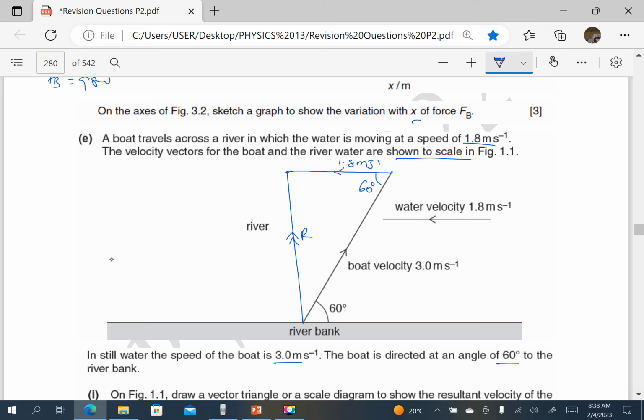Remember, I measured 4.2 centimeters from the diagram, and they were representing 1.8 meters per second. That means 1 centimeter was representing 1.8 over 4.2 meters per second. So let's find the resultant now by measuring the length representing the resultant.